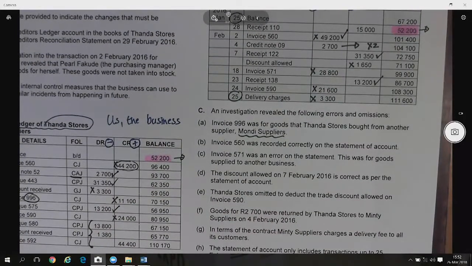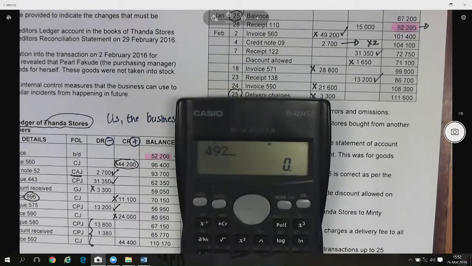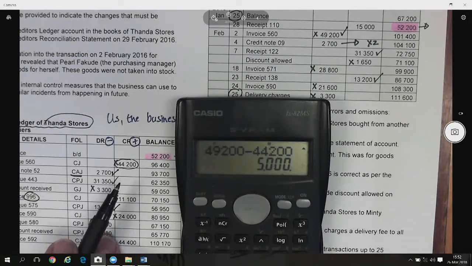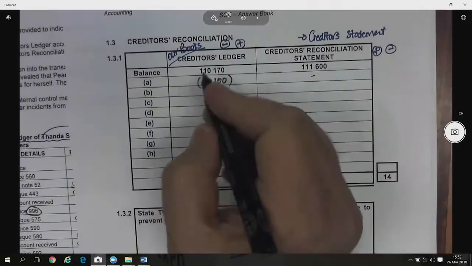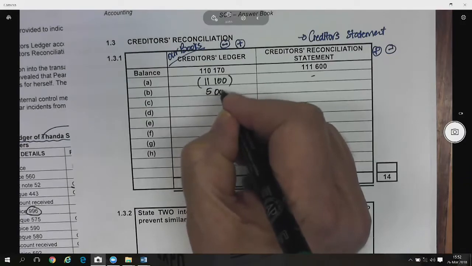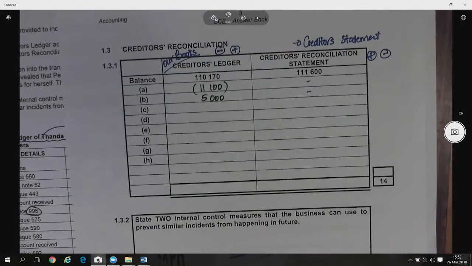So you say 49,200 minus 44,200. So there's 5,000 Rand. We are too little. So we must add 5,000 Rand in our books. So there is the 5,000 Rand for number B and there's nothing there.